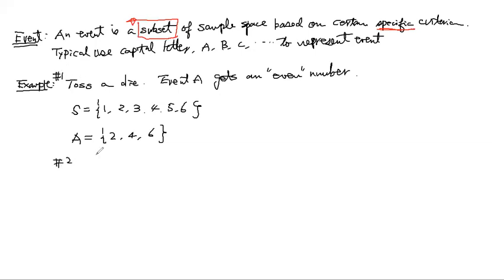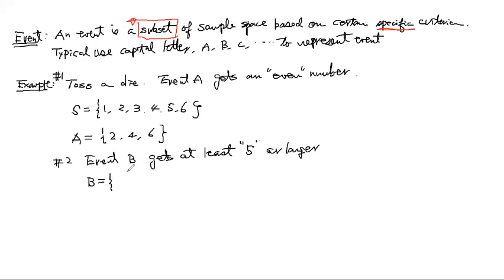Okay, so now let's take a look at another example. I will say the event B is get at least 5 or larger. That means I'm looking at my sample space here. The B says that at least you get 5 or larger in your experiment.